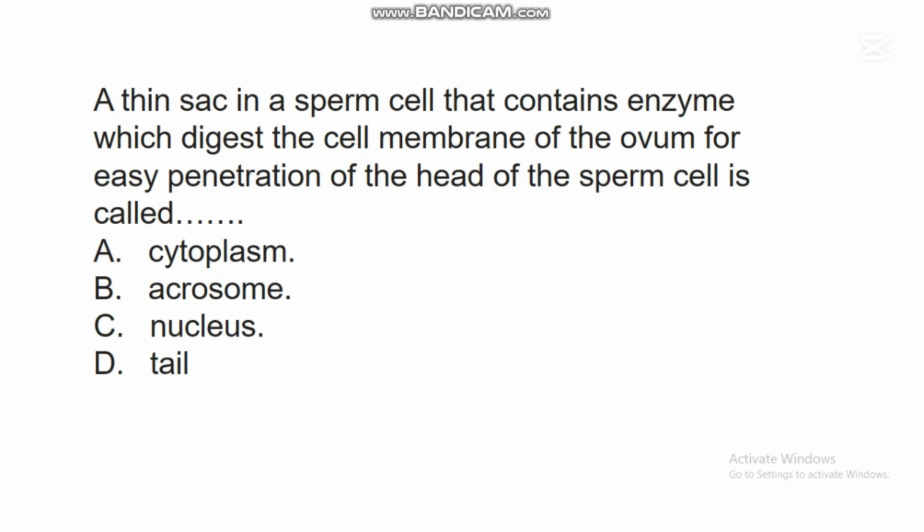In this question, the correct answer is B. Acrosome. This acrosome is a structure in a sperm cell that has some enzymes which break down the cell membrane of the egg cell of a woman in order to ensure easy penetration of the head of the sperm cell.